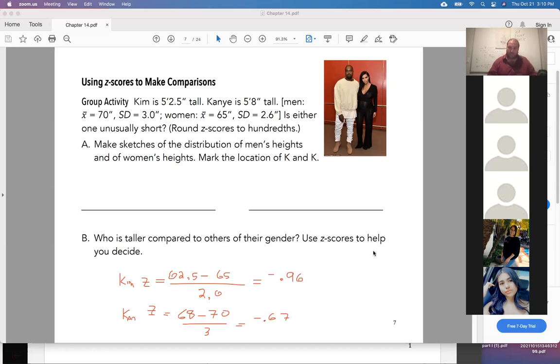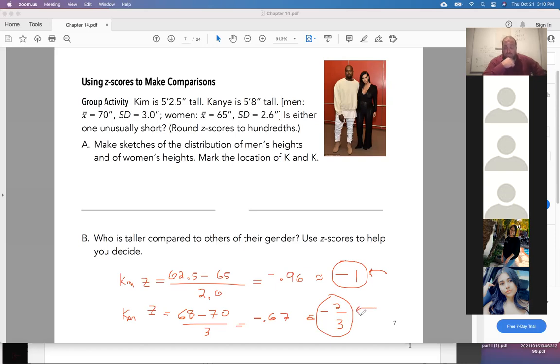No, but it's fine. Well, no, it's not fine. -0.96 is about -1, right? Yeah. And negative 0.67 is about negative 2/3, right? Yeah. So what do these numbers -1 and negative 2/3 mean? Kim is a full deviation down.